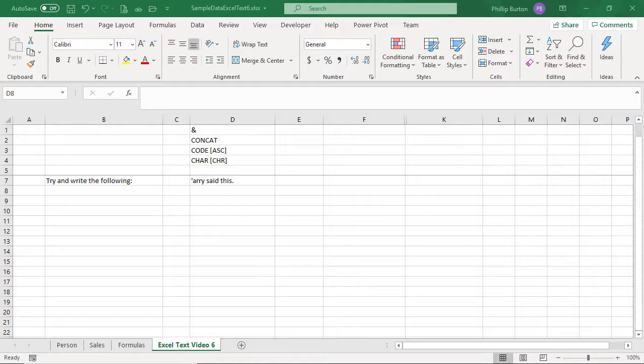So this is just typing in a cell. Now in the East End of London, quite often people drop their H's. So we have a person called Harry. But in the East End of London, that might be used as the word 'Arry. So 'Arry said this.